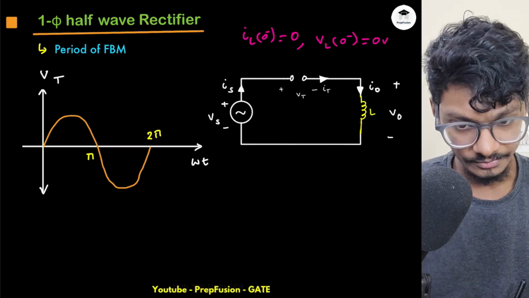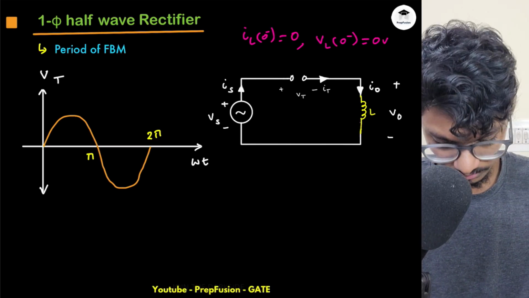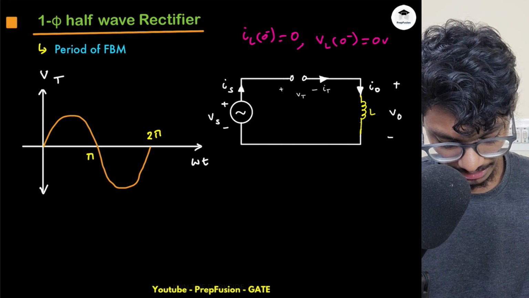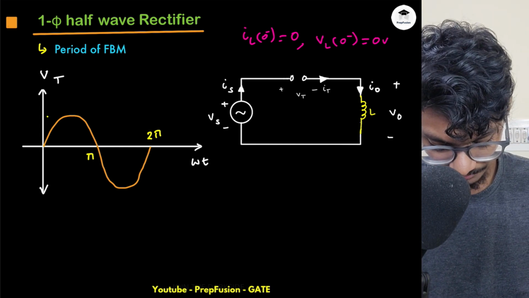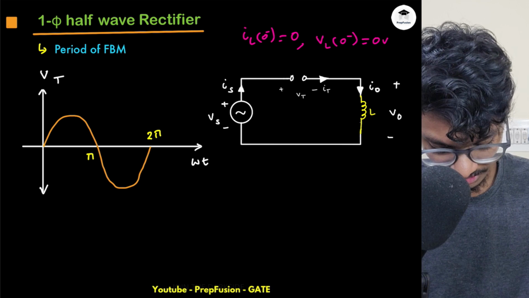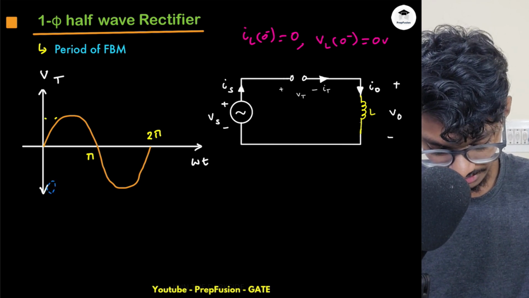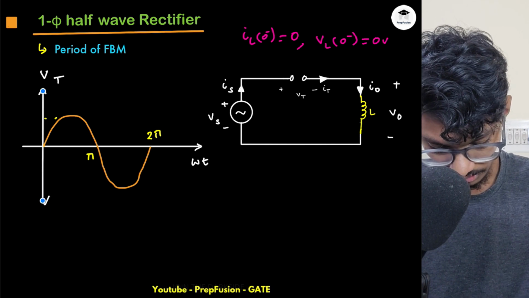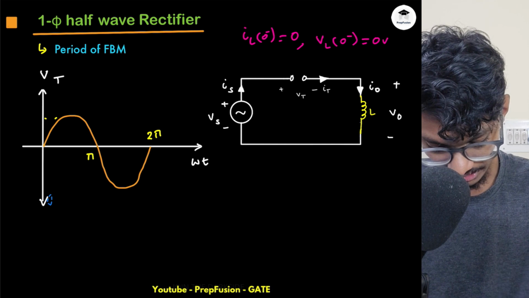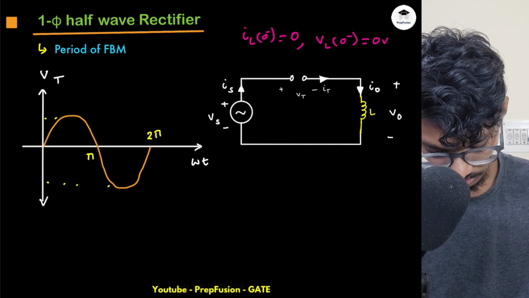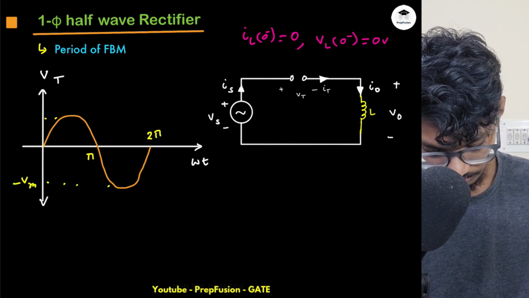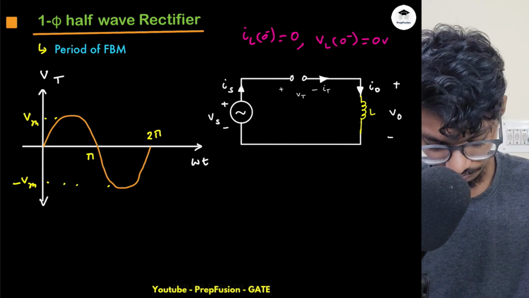So here this voltage will be sinusoid. What is the forward blocking period? The forward blocking period is from 0 to pi, because that is the time period for which the SCR voltage is positive.